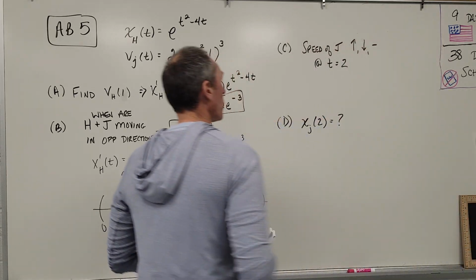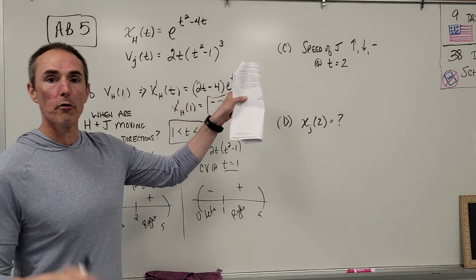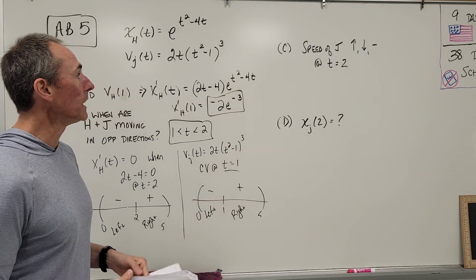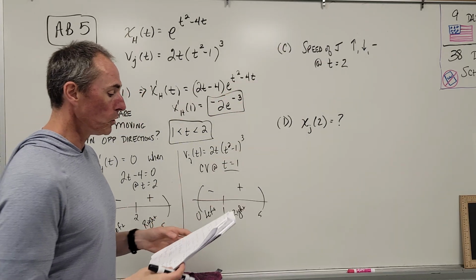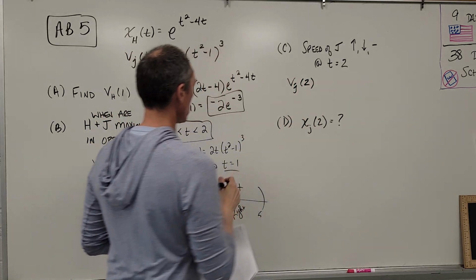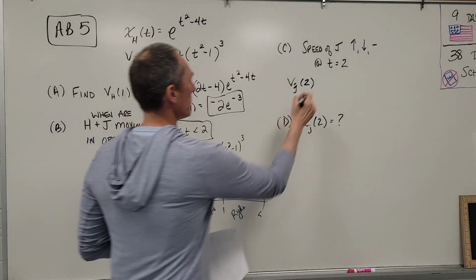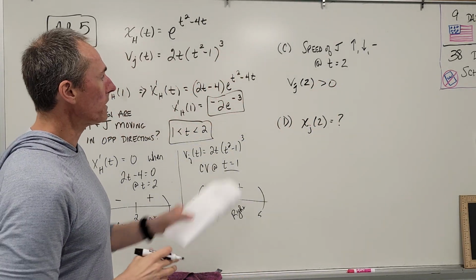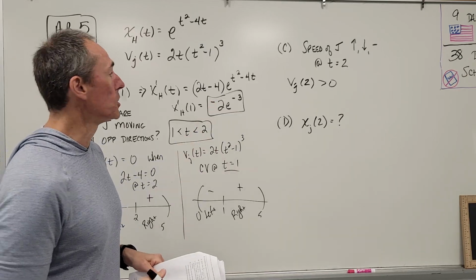Let's go to part C. Part C says, is the speed of particle J increasing, decreasing, or neither, specifically at time t equals 2? So let's look at this. The velocity of particle J at 2 would be positive. And now we also have to think about the derivative of that. What's the acceleration doing?